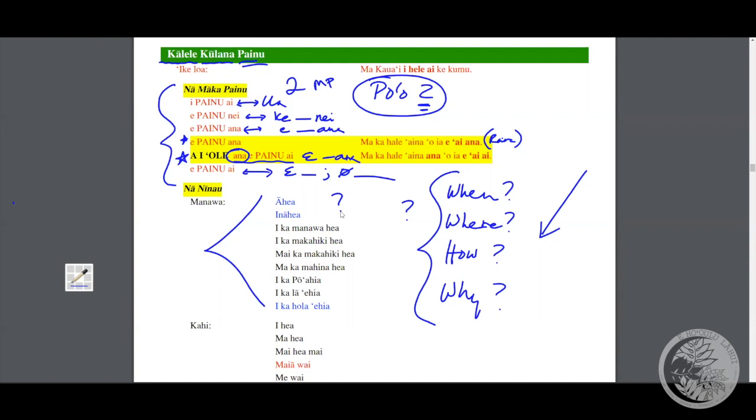This is a common mistake where people take words like ahia and use them as a general question of when, which we should write again simply: ahia, future, incomplete, and inahia, in the past. Other ways of generically asking when, ikamanava here, or more commonly perhaps, ikava here.